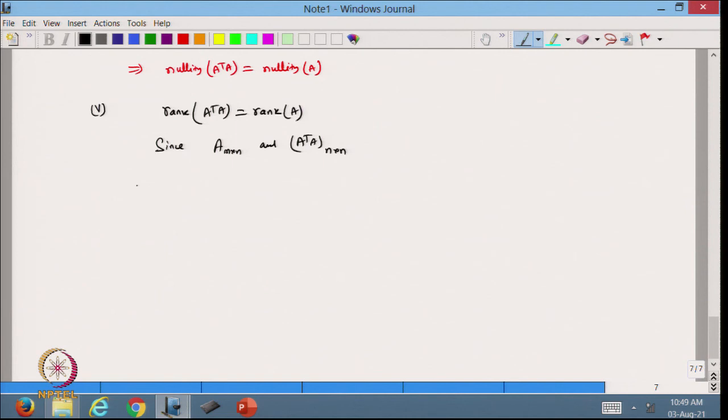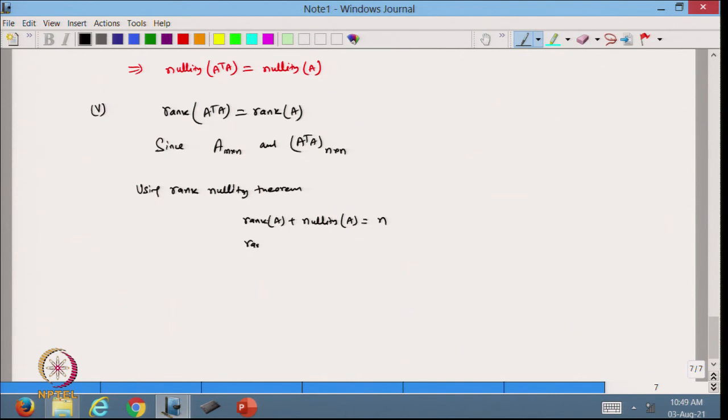Using the rank-nullity theorem, I can say that the rank of A plus the nullity of A is equal to n.